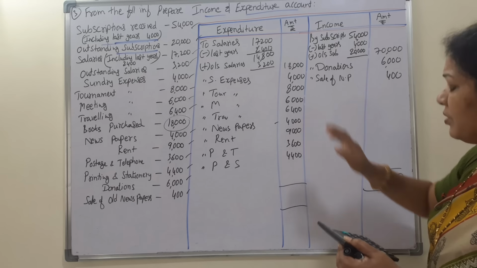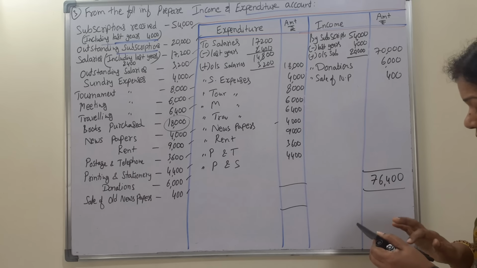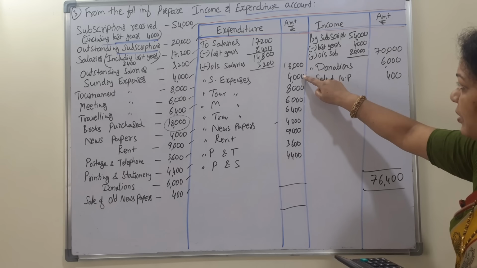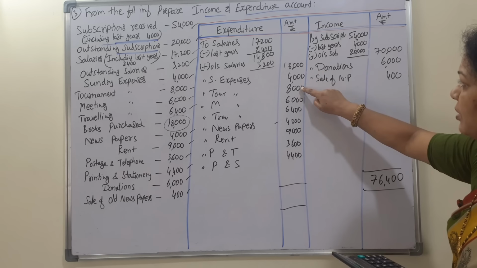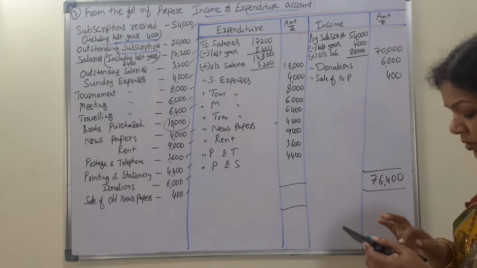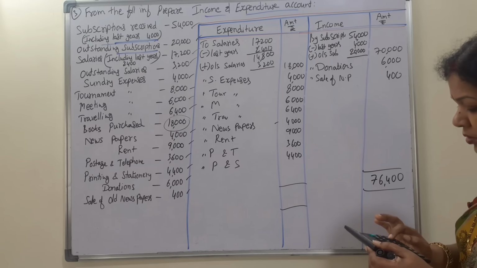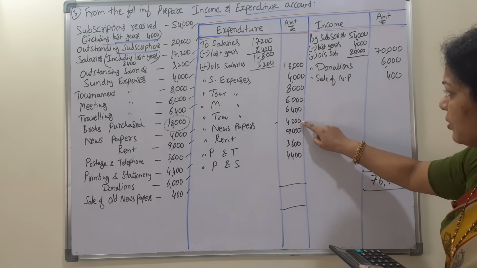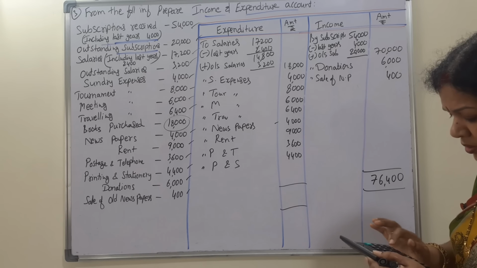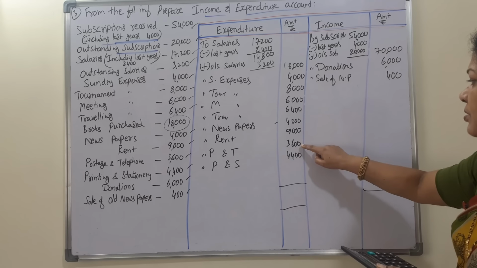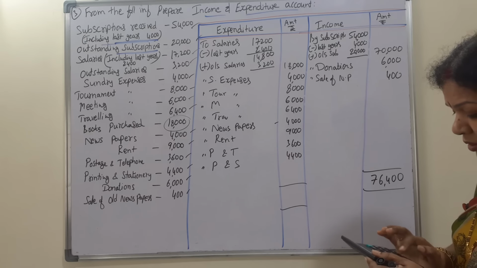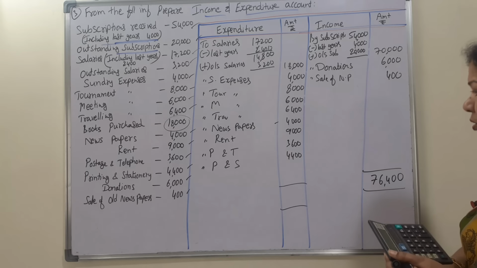Minus, so let me do it once again. 76,400 minus, this is 18, 22, 30, 36, 42,400, minus 4,000 plus 13,000 minus 3,600 minus 4,400. It is 13,000 I am getting.